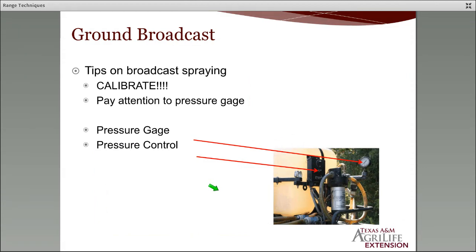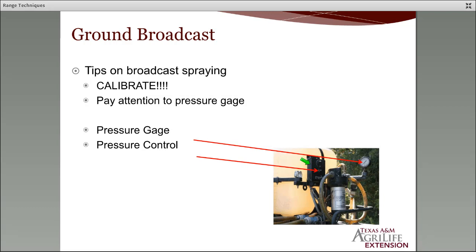You know what we always say anytime you're going to broadcast spray: calibrate. Anybody with a minimal amount of plumbing knowledge can put a pressure gauge on their spray tank. If you know how to turn a wrench and wrap Teflon tape, there is no reason you do not have an idea of what your spray rig is putting out.